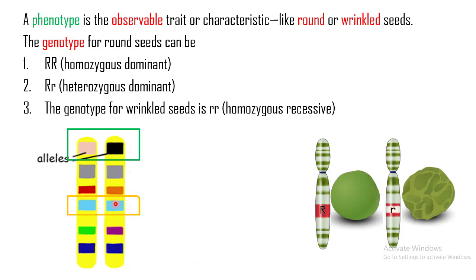Similarly, if this is a capital R and this is another capital R, you are going to see a round seed. But if you have a small r here and a small r here, you are going to get a wrinkled seed. So, three genotypes and two phenotypes. This is the way the genotype and phenotype are connected to each other.